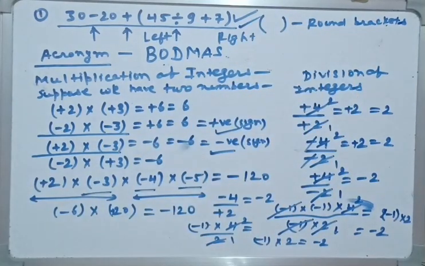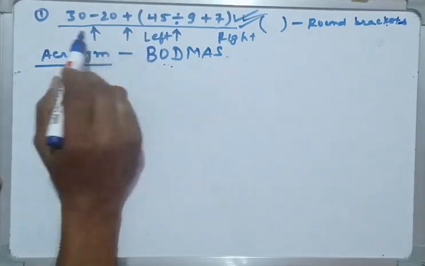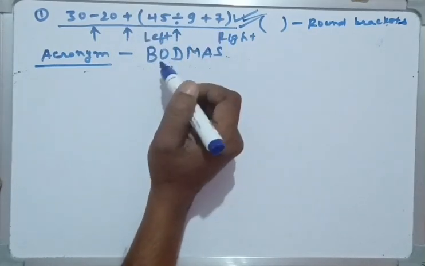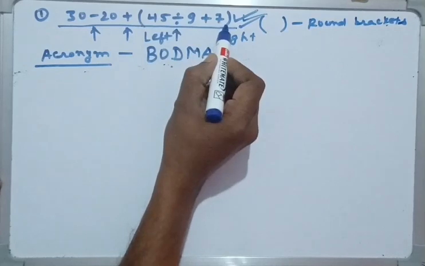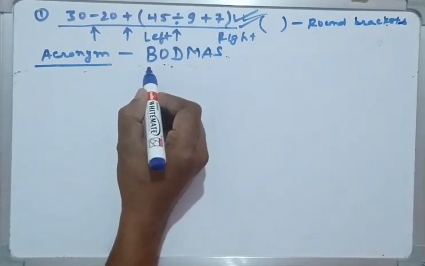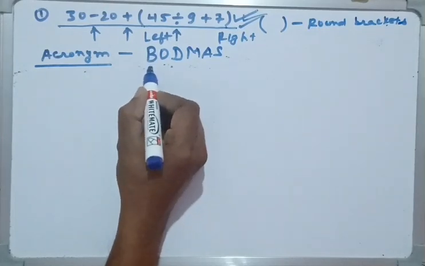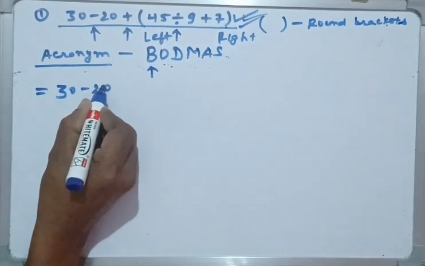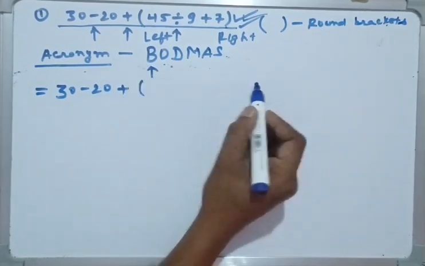See how we are going to use the concept of BODMAS while solving this question. In this mathematical expression a bracket is coming. Here one round bracket is given, so we will solve the bracket first. You can write it as 30 minus 20 plus.